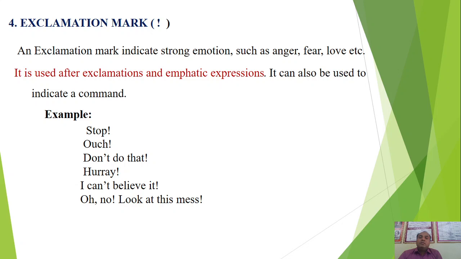So the exclamation mark is used after a strong emotion, after emphatic expressions, and to indicate a command. Examples you can see here: Stop! Ouch! Don't do that! Hurry! I can't believe it! Oh no! Look at this mess! In all these expressions we use the exclamation mark.